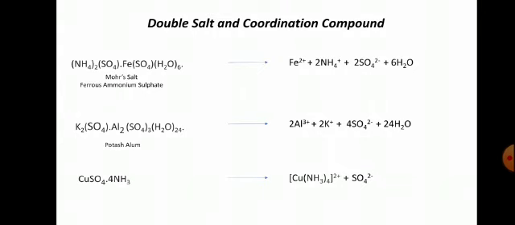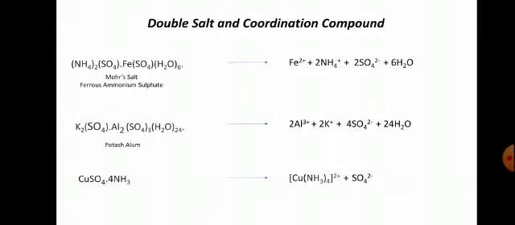For example, when ammoniated copper sulfate was hydrated, it gave us a complex ion, which is nothing but [Cu(NH3)4]2+ and sulfate ion, as you can see on your screen. And from here, we distinguished between double salt and coordination compound.